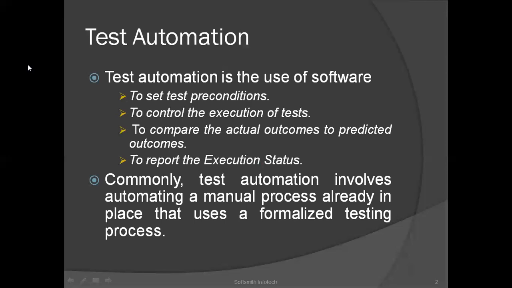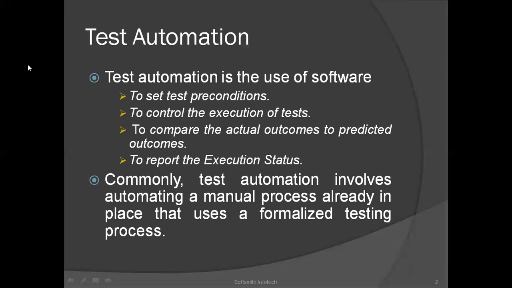Test automation is the use of software to set the test preconditions. We can set some preconditions of the test, and control the execution of tests. We can control the execution. Suppose there are 500 test cases and we want to run those test cases per day.